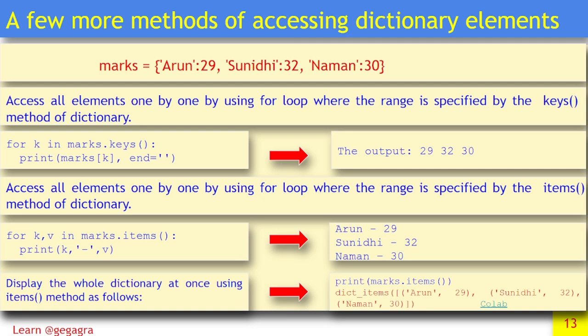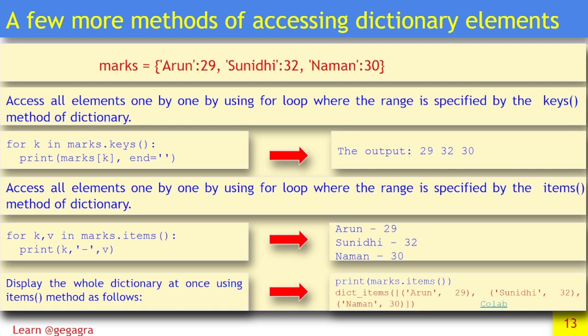Arun is the key and 29 is the value. So the complete pair is in the form of a tuple, and the collection is in the form of a list. Hope you understood how these methods work to get the elements of the dictionary.